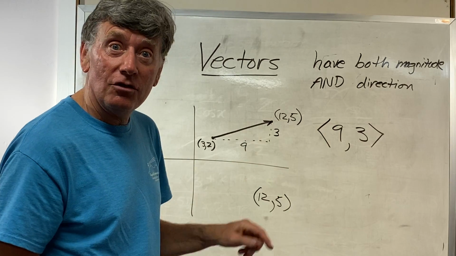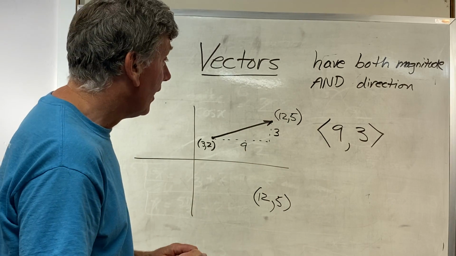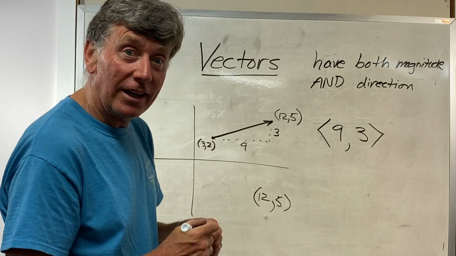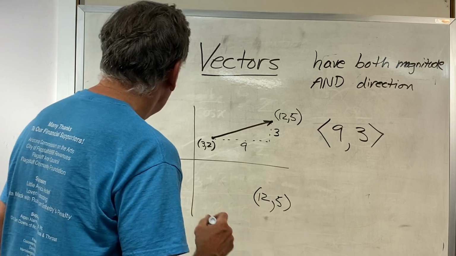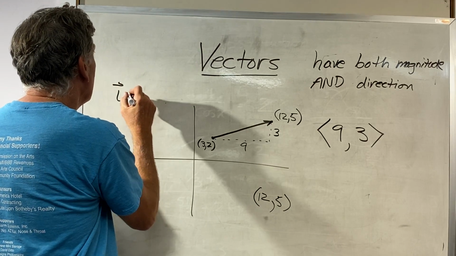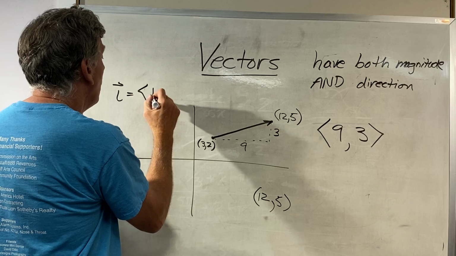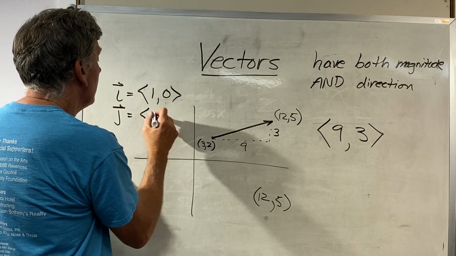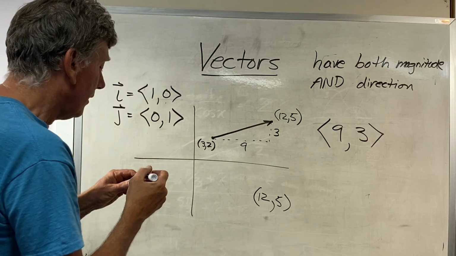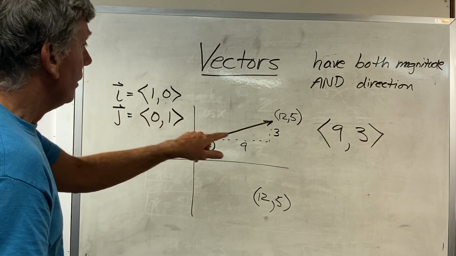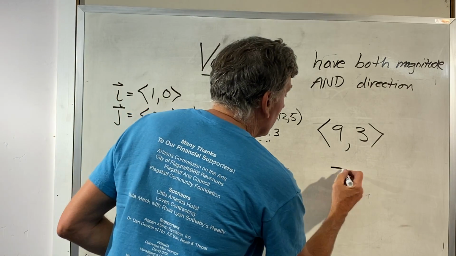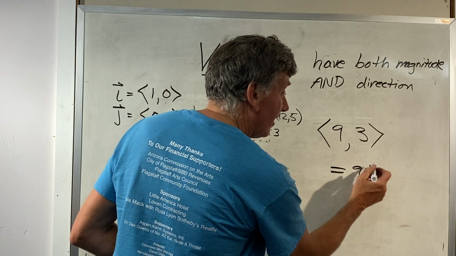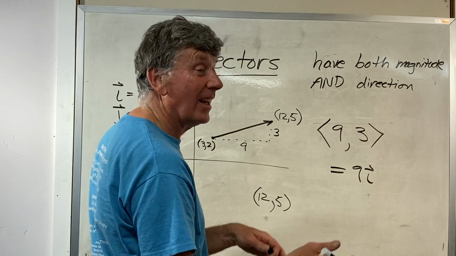There's another thing that you can be aware of right now, and that is that we will use unit vectors, i and j. i is equal to <1, 0>, and j is equal to <0, 1>. And so this vector here is also equal to, if you think about it, 9i, and I'm going to draw a little arrow above the i to indicate that it's a vector.